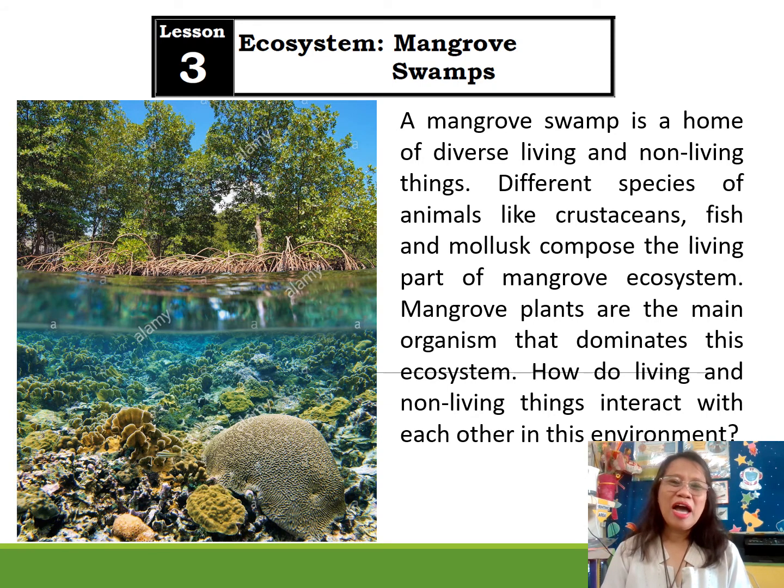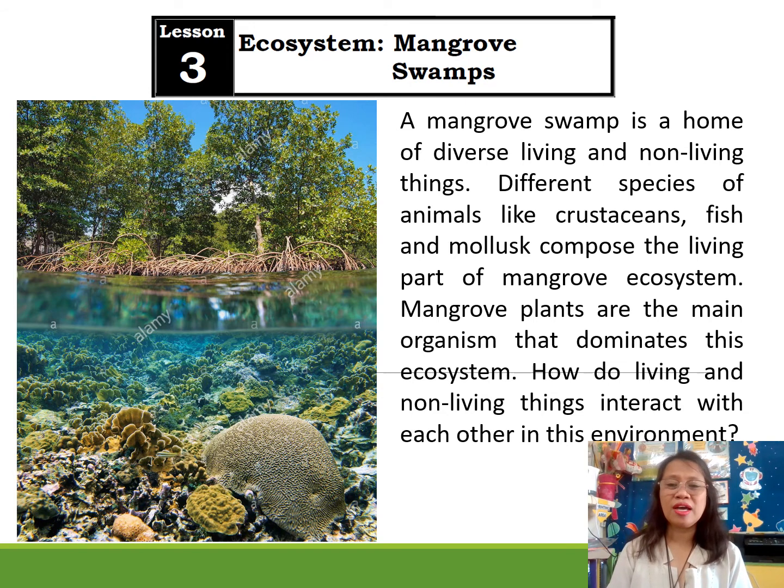Okay. A mangrove swamp is a home of diverse living and non-living things. Different species of animals like crustaceans, fish, and mollusks compose the living part of the mangrove ecosystem. Mangrove plants are the main organisms that dominate this ecosystem.